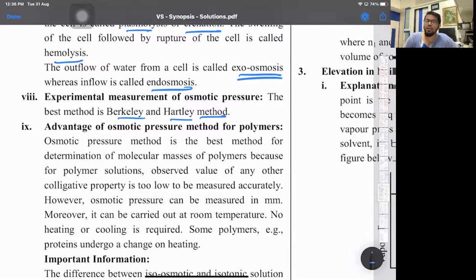That's why we say osmotic pressure measurements are more accurate and better. Osmotic pressure is the best method for polymers, because for polymers the observed value of other colligative properties is too low to be measured accurately. Osmotic pressure can be measured in millimeters, so we can measure the values for polymers also.